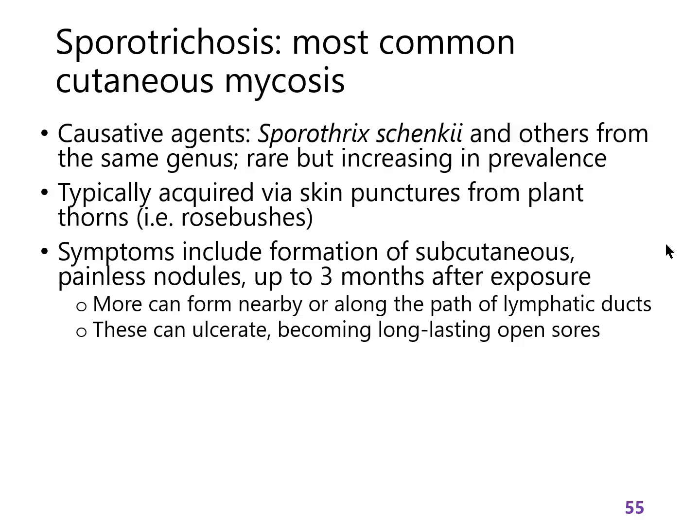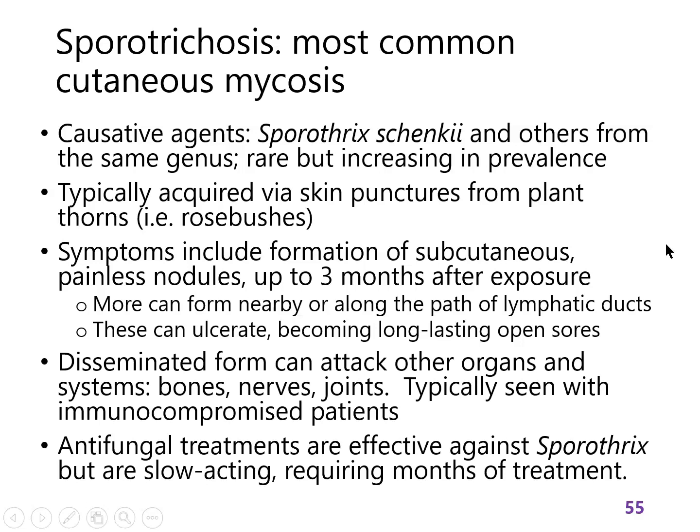In some cases, where people have an immune deficiency, that's usually the cause, this can also become systemic. And when that happens, it causes the disseminated form, so it goes to other organ systems, not just the integument, and it attacks bones, joints, nerves. These are different examples, really depending on where the cells end up.